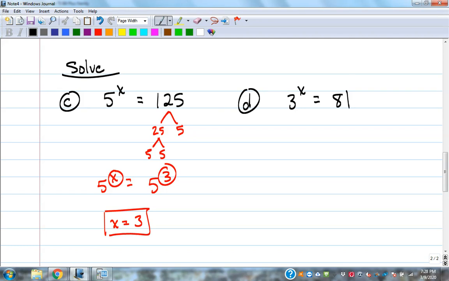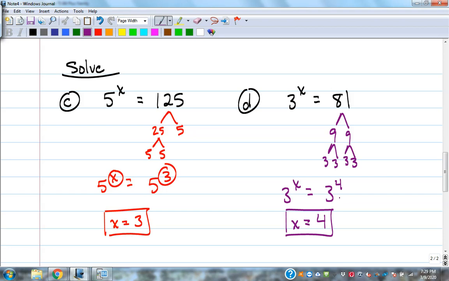So let's get another example. 3 to the x is equal to 81. What do we know about 81? It's 9 times 9, and 9 is 3 and 3. So 81 is really 3 to the fourth power. So x would have to be 4. So being able to rewrite a number as a certain base.